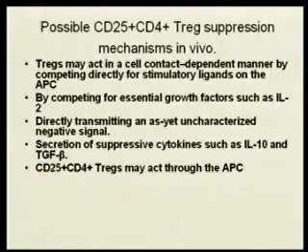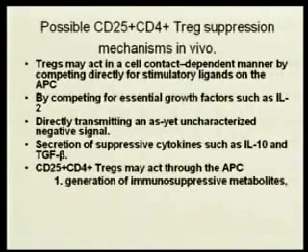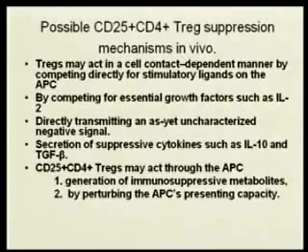There are two potential hypotheses here. They may act by generation of immunosuppressive metabolites, so maybe T regulatory cells produce something that then interacts with APCs and prevents them from being able to effectively present the antigen. Similarly, they may produce factors that affect the ability of the APC to present antigen efficiently.